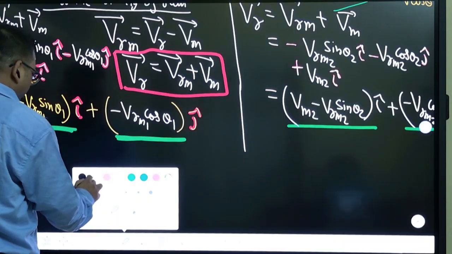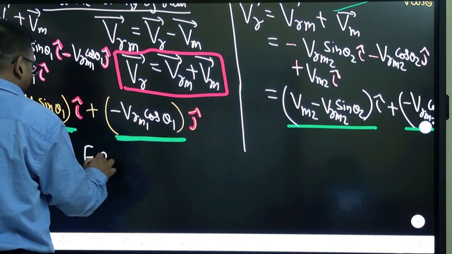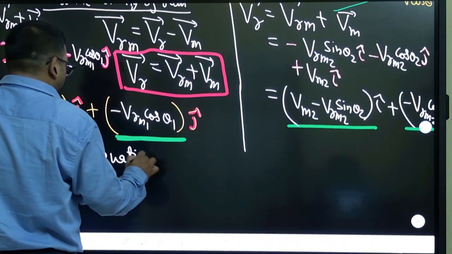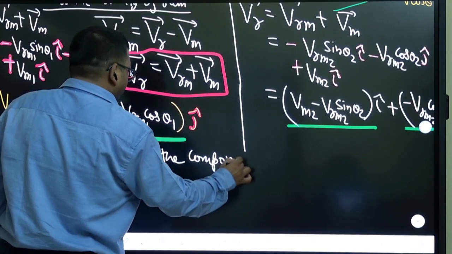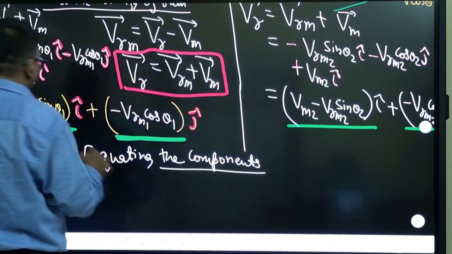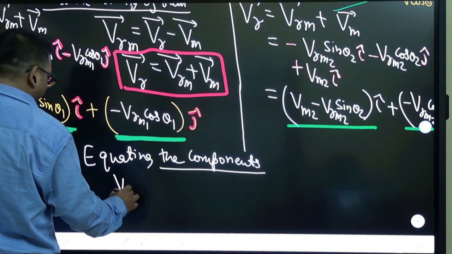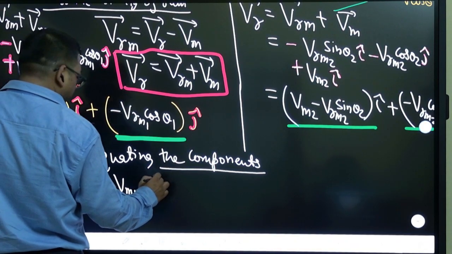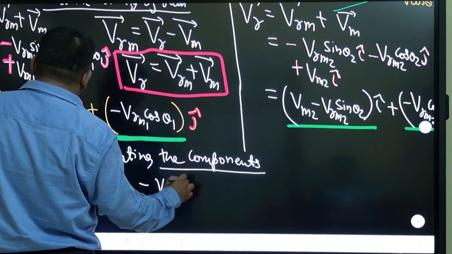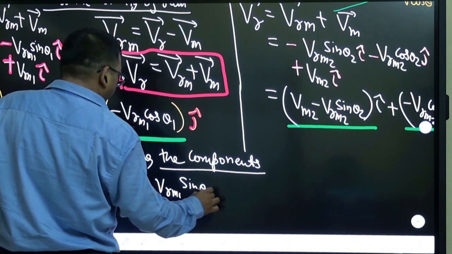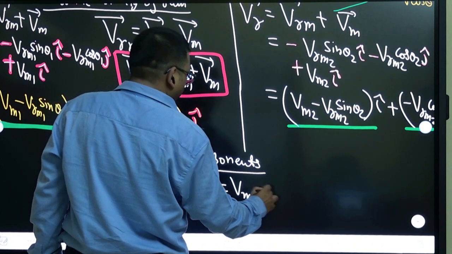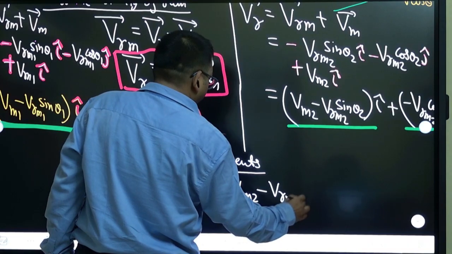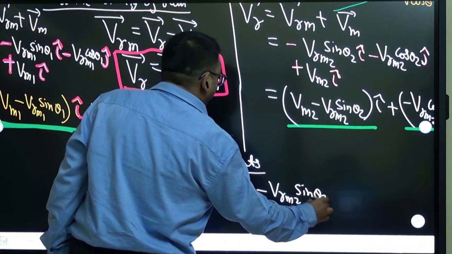So equating the components: here it was Vm1 minus Vrm1 sine theta 1, and that will be equal to Vm2 minus Vrm2 sine theta 2.